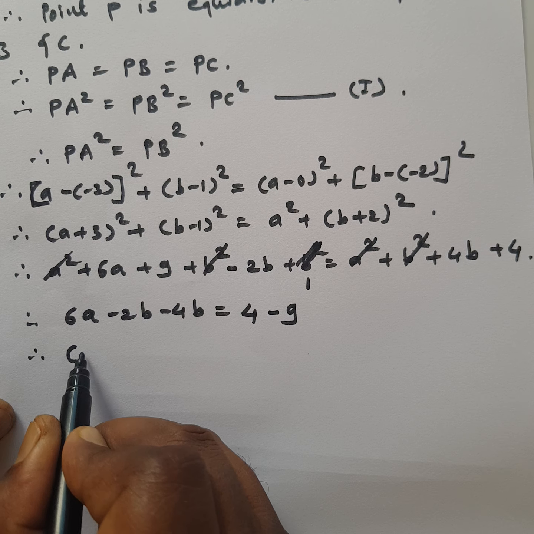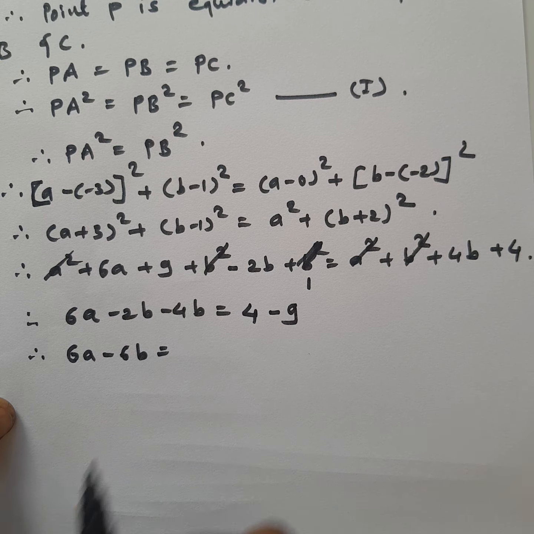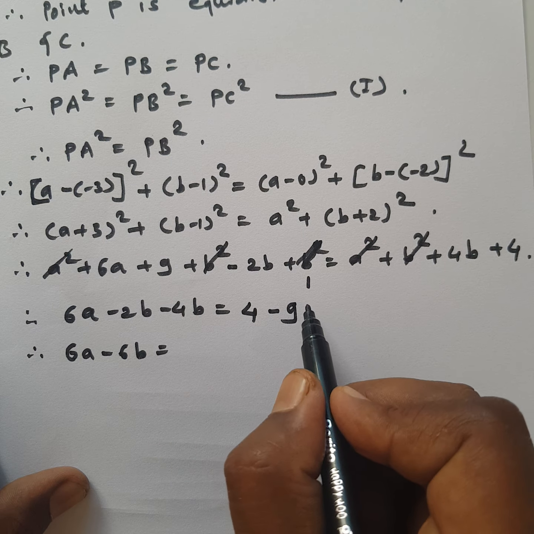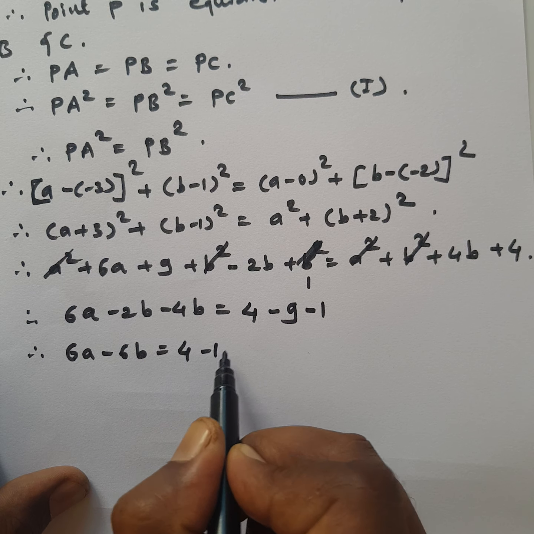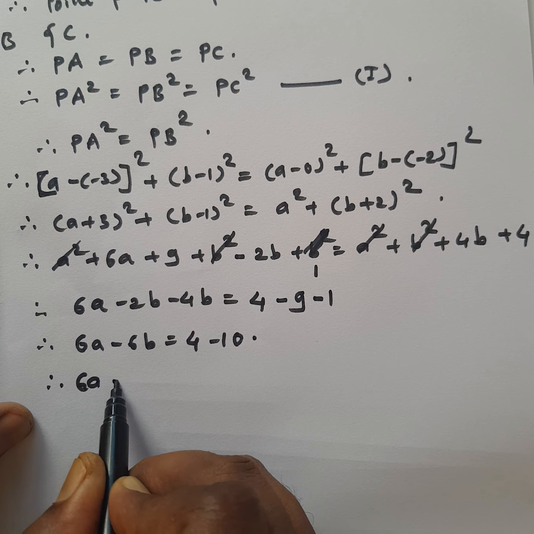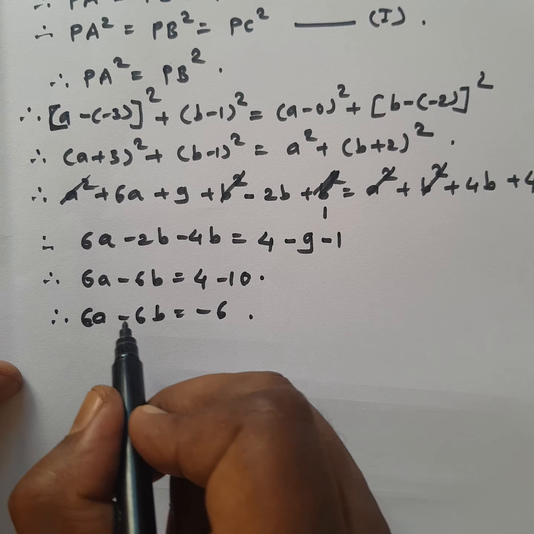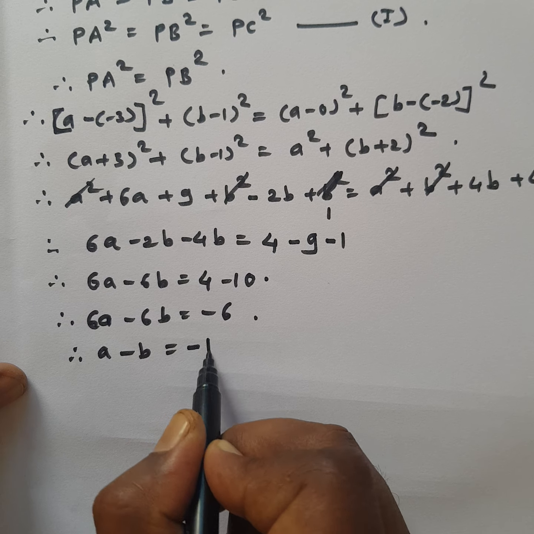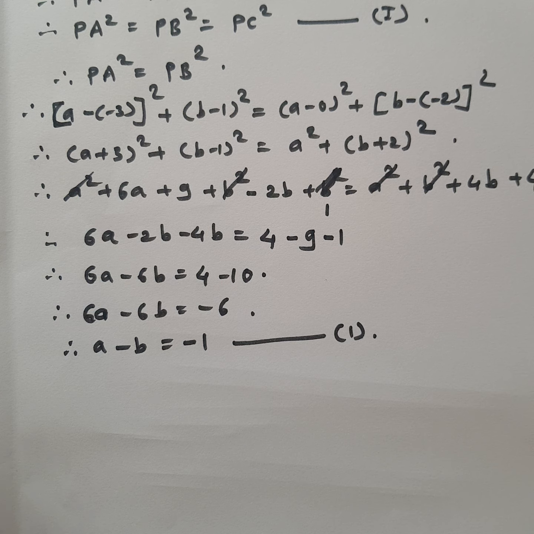Therefore, 6a minus 6b is equal to, here this minus 1 will also change the side, 4 minus 10. Therefore, 6a minus 6b is equal to minus 6, which means a minus b is equal to minus 1. Give equation number 1 to this equation.